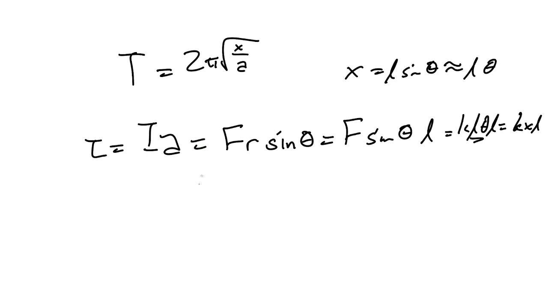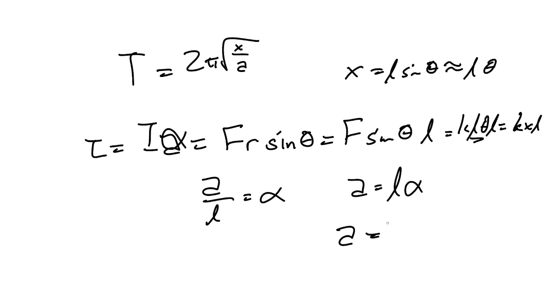This makes it really convenient for us because we can just say that A over L is equal to our angular acceleration. This is supposed to be an alpha. I'm very sorry about that error, but that means that our acceleration is going to be equal to L times our alpha, which means that our acceleration is going to be kxL squared divided by our moment of inertia.